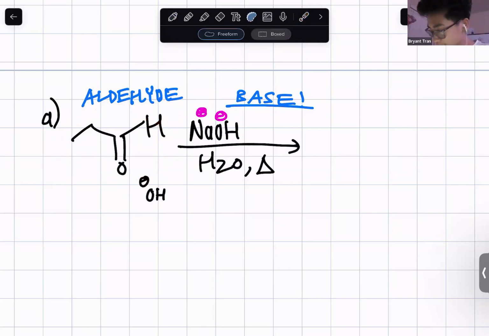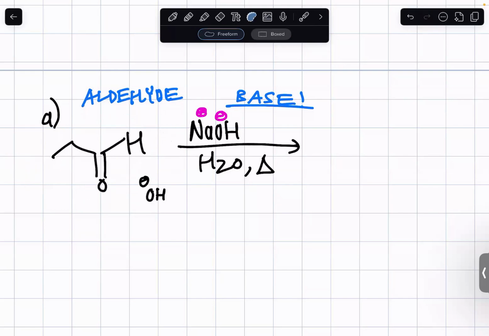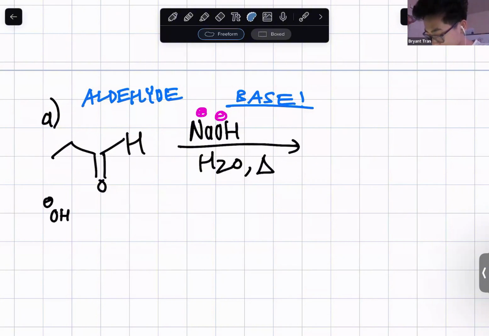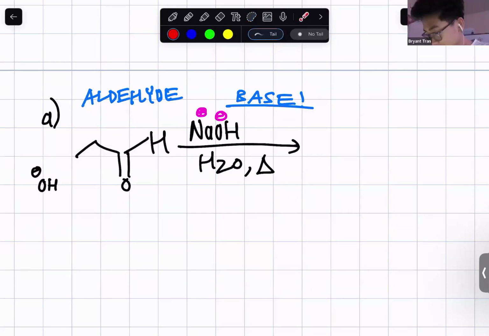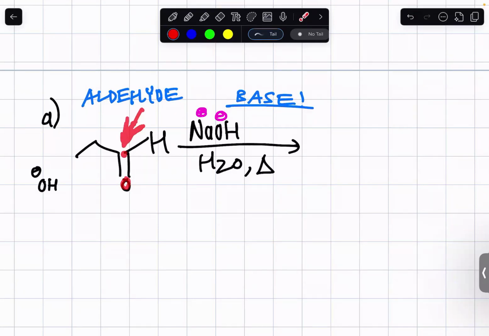Have you heard of the alpha hydrogen or the alpha position before? Yes. Where would that be here? Where's the alpha carbon and alpha hydrogen here? It's relative to the carbonyl carbon. Right. So the alpha is the closest and then beta is the second closest.